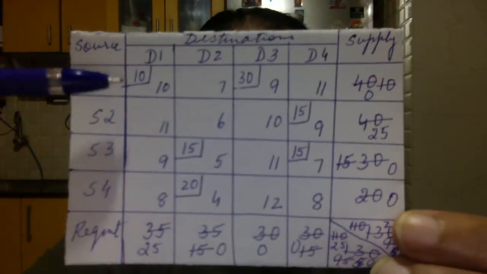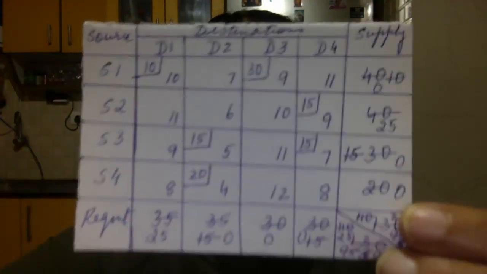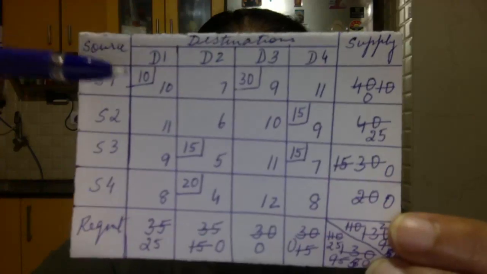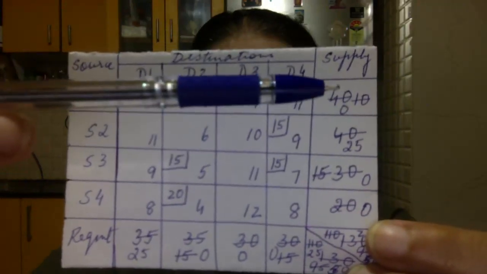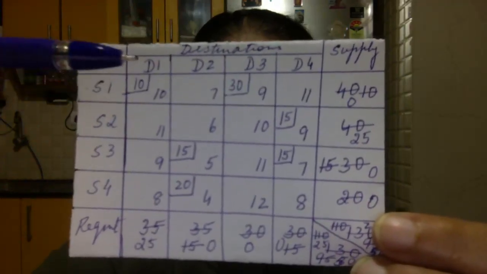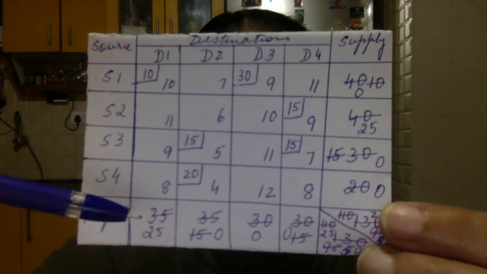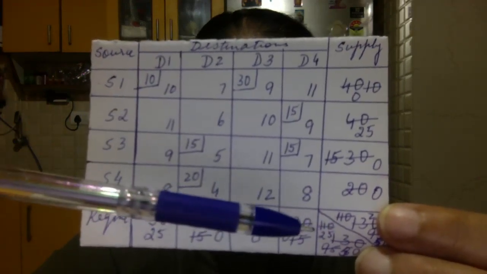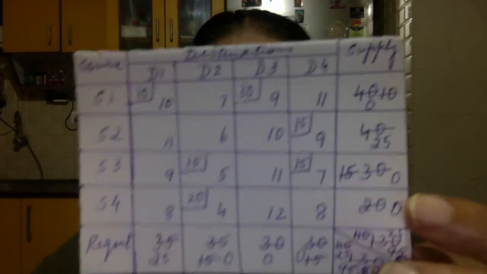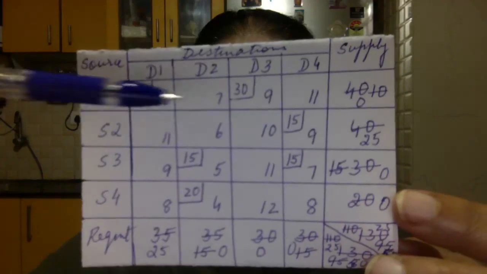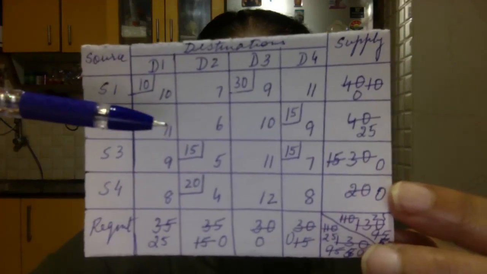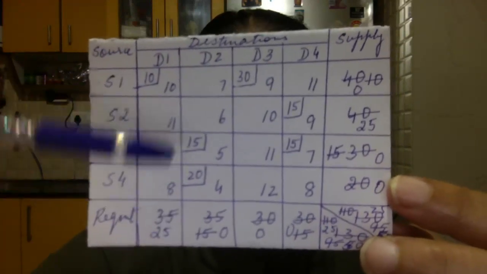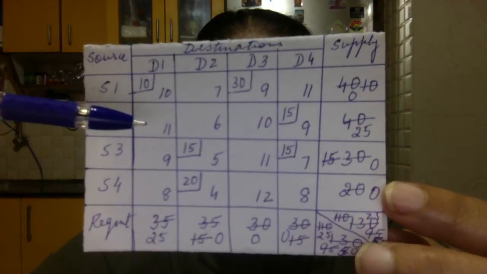This is the allocation I've done. S1 D1. First step 10. Second step supply became 0. Third step 35 became 25, and here grand total is 25. All right. All that is left is S2 supply, which is 25, and this is 25, and this is the column S2 D1.